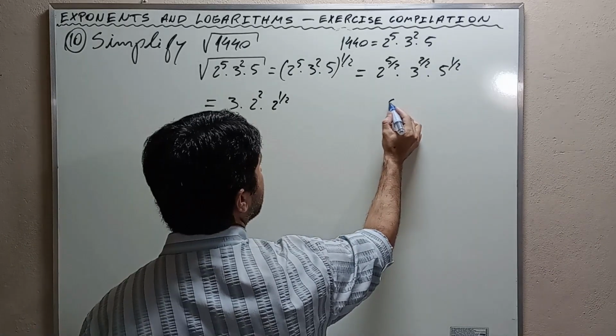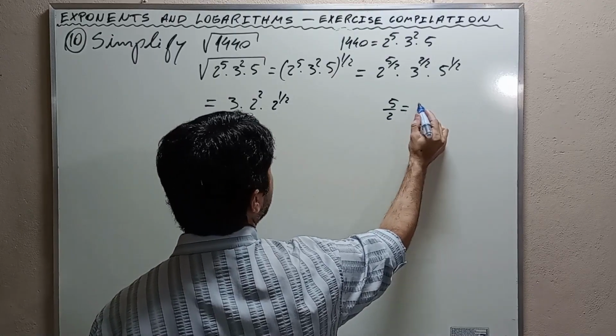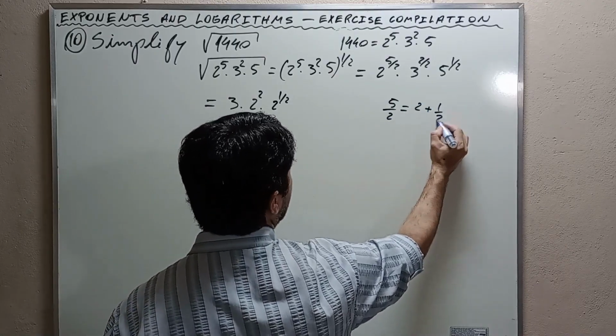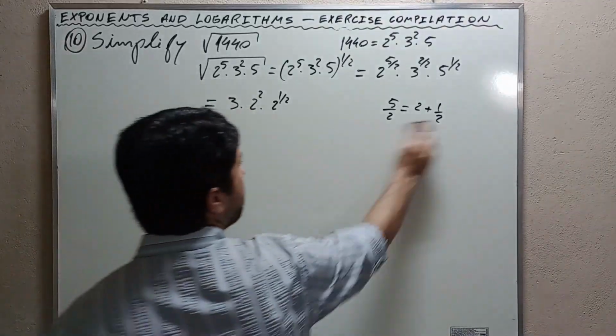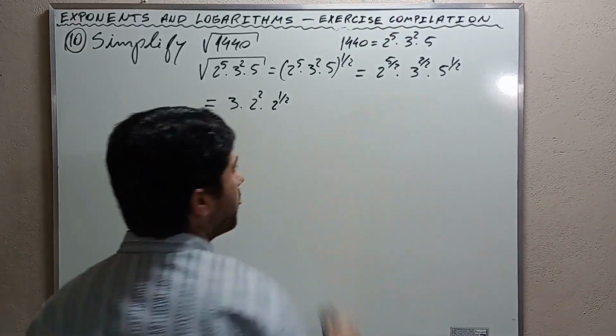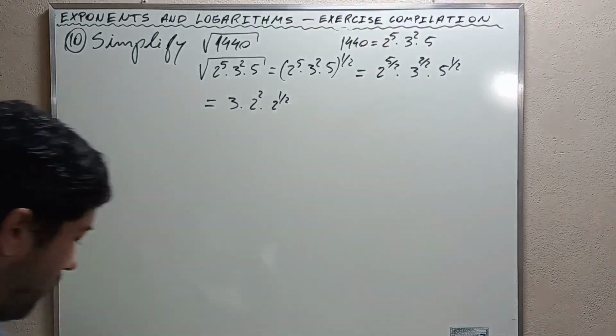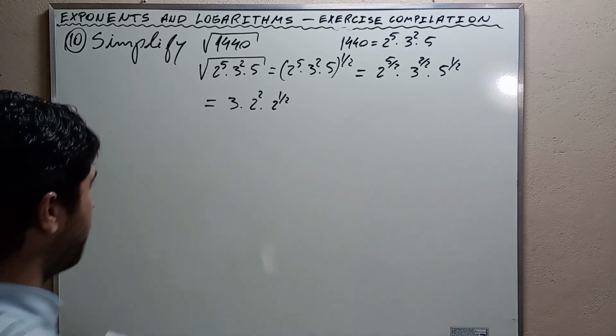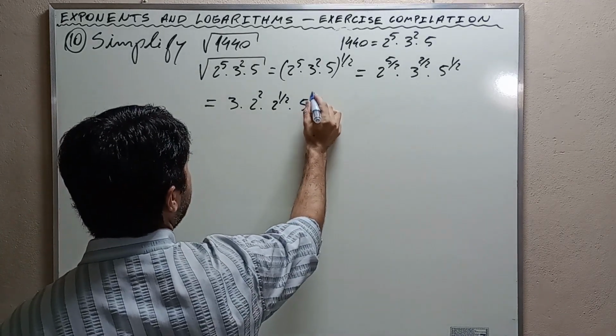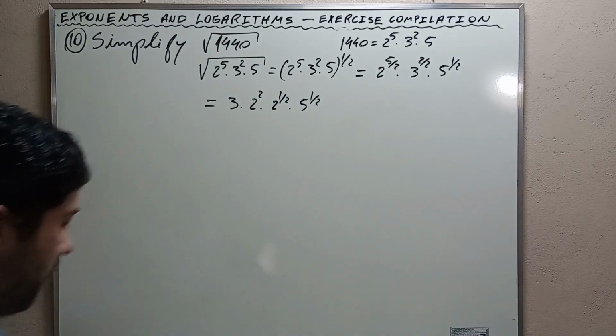Because 5 halves is equal to 2 plus a half. I simply split it apart. And times 5 raised to the power of a half.